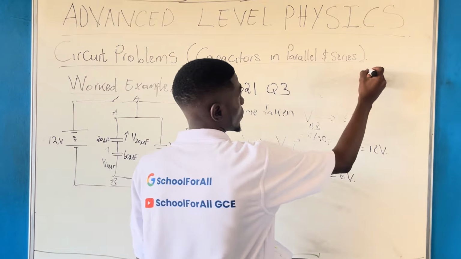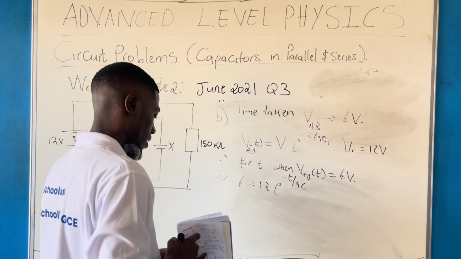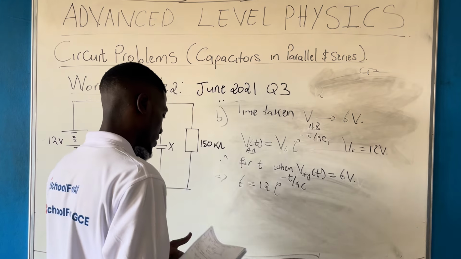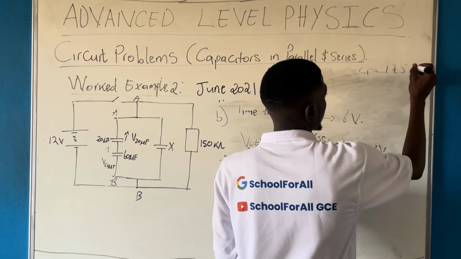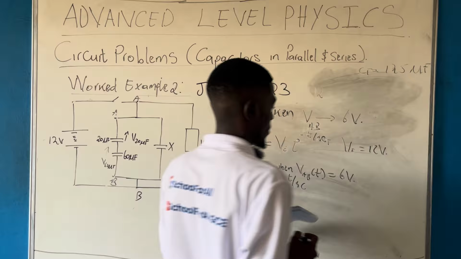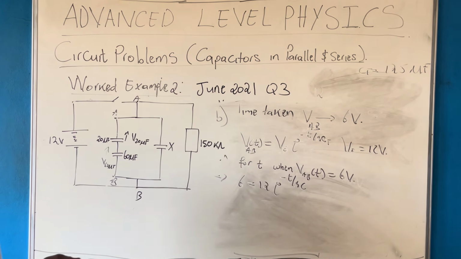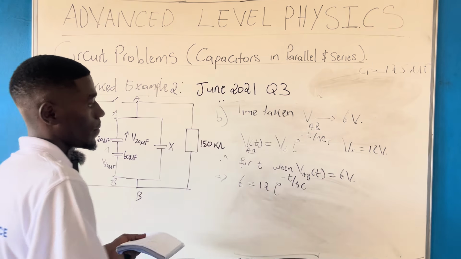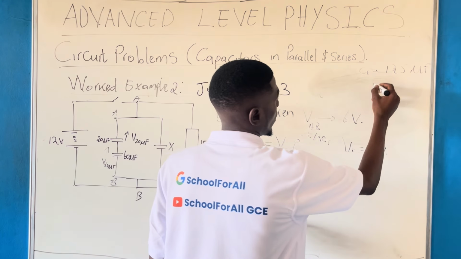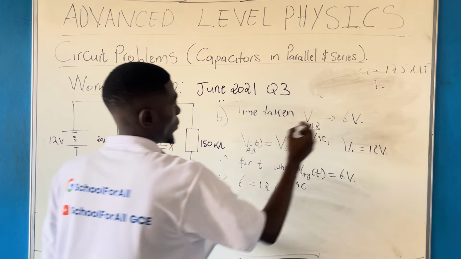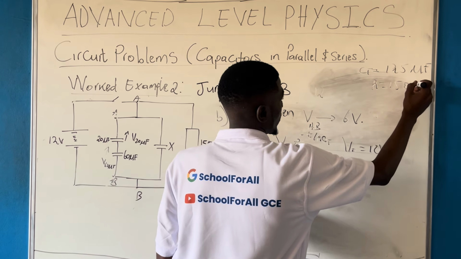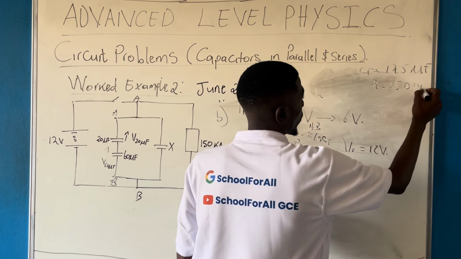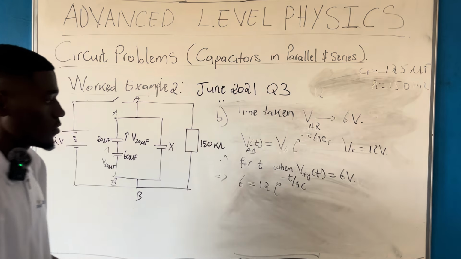The C total that we calculated before was 125 microfarads. And R is this value, 150 kilo ohms. So that is it.